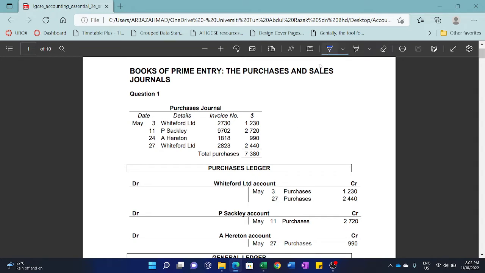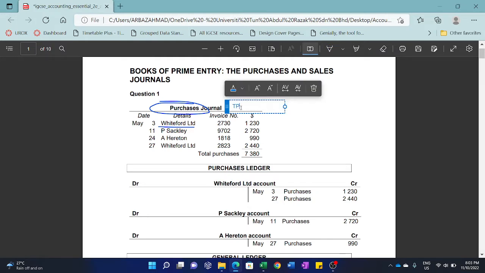So here we have the name of trade payable because it's the purchase journal, so we know we are going to look at the trade payable. If you find it easy, maybe you can just write TP for your reference. Whenever you write trade payable, you can write TP.